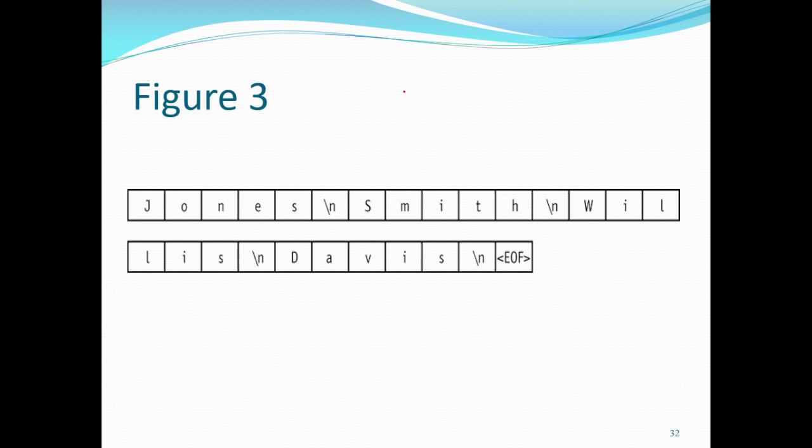Okay, logically the file looks like this. So there is a name and a new line and another name, Smith, new line, and then at the very end there will be a logical end-of-file character. So that means we are done with the file.